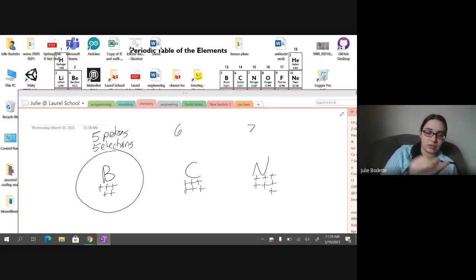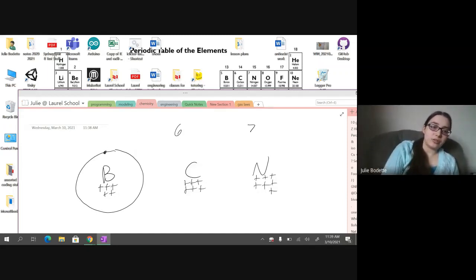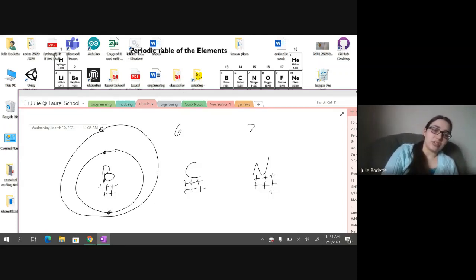Let me erase that so I have enough room. Boron's going to have 2 electrons, and then it's going to have 3 electrons. And the 5 positive charges will pull on the electrons a little bit. Carbon has 6 protons, so it's got more protons. So those 6 protons will pull on the electrons even more.